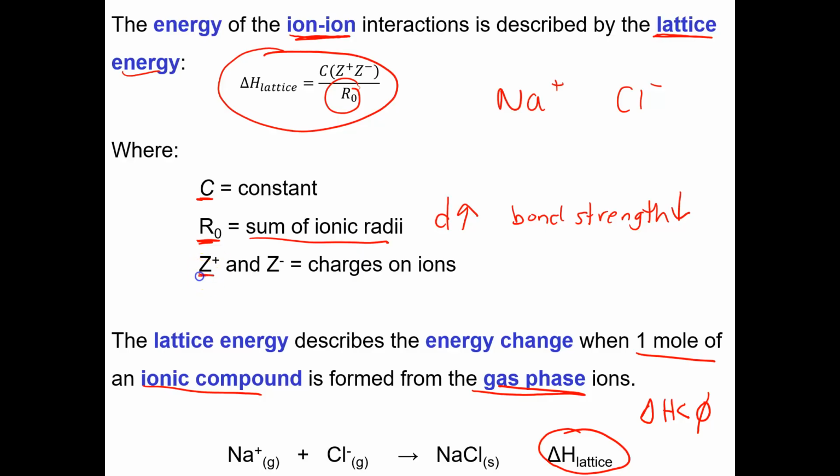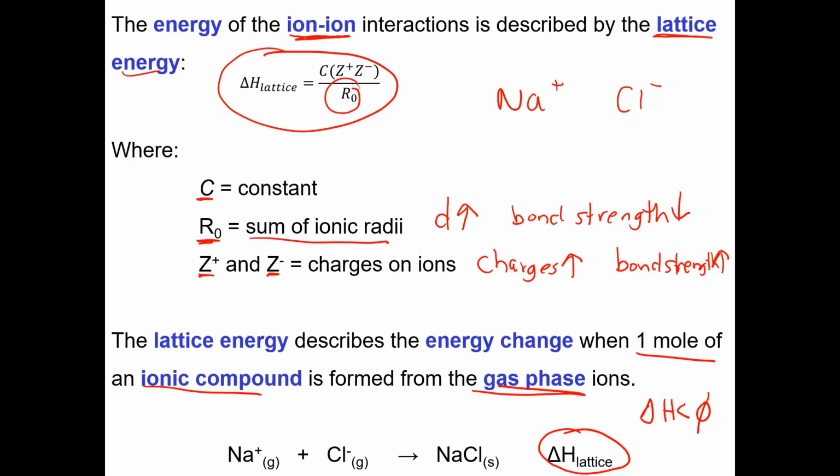And then it also depends upon the product of the charges of the ions. What we can see here is that with bigger charges, bond strength goes up, and that's exactly what I was saying in the opening slide. So that's how the bond strength depends upon the properties of the ions.